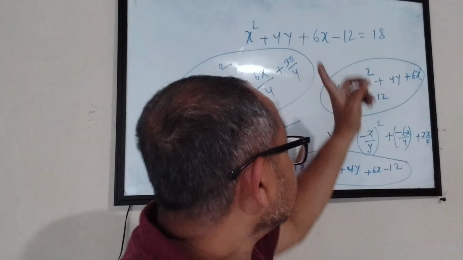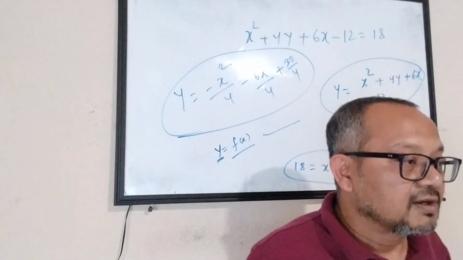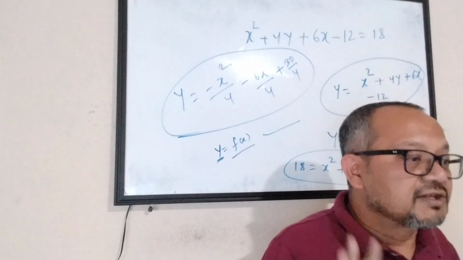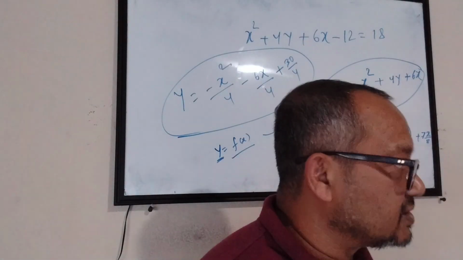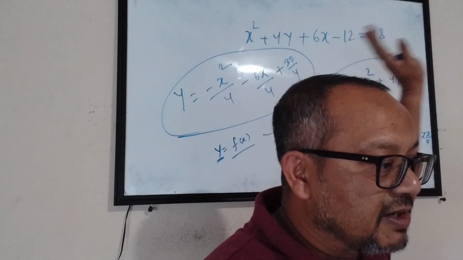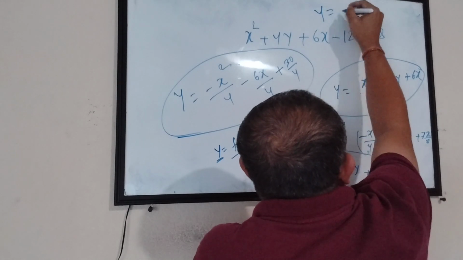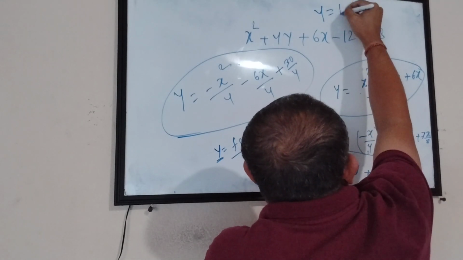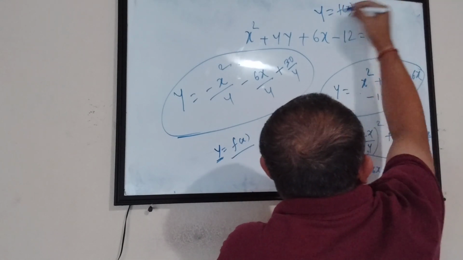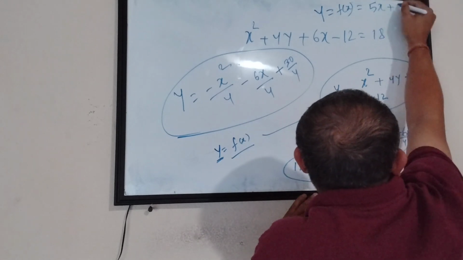Same way, a function is a relationship between two variables. There is a reason, meaning you give some input, you get an output. When we look at this function, y is a function of x, say y equals 5x plus 17.